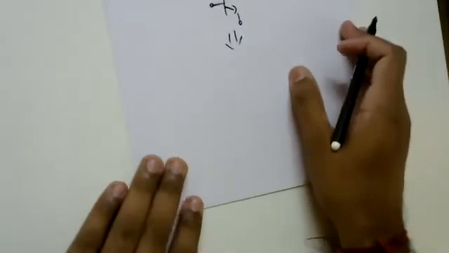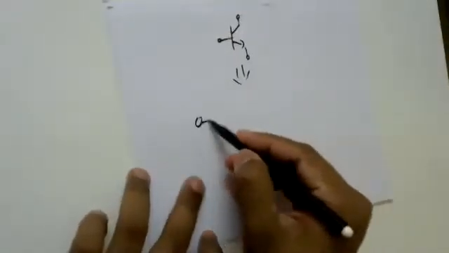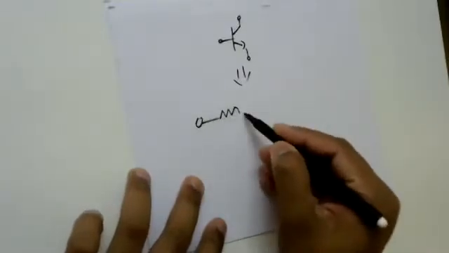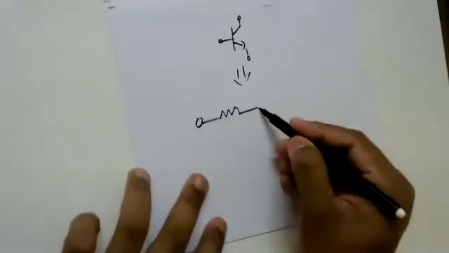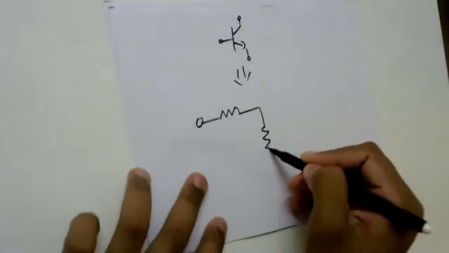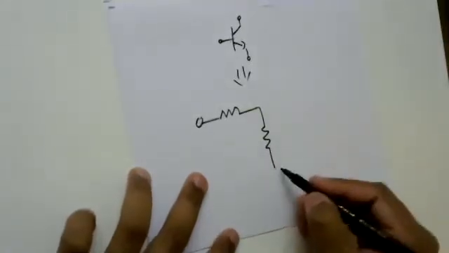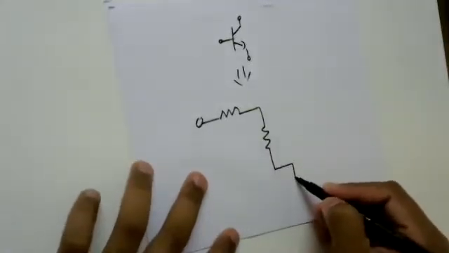When I convert this transistor into its equivalent circuit, I'll get a circuit somewhat like this. This is your base resistance RB, this is the resistance between base and emitter, and then this is your emitter resistance.